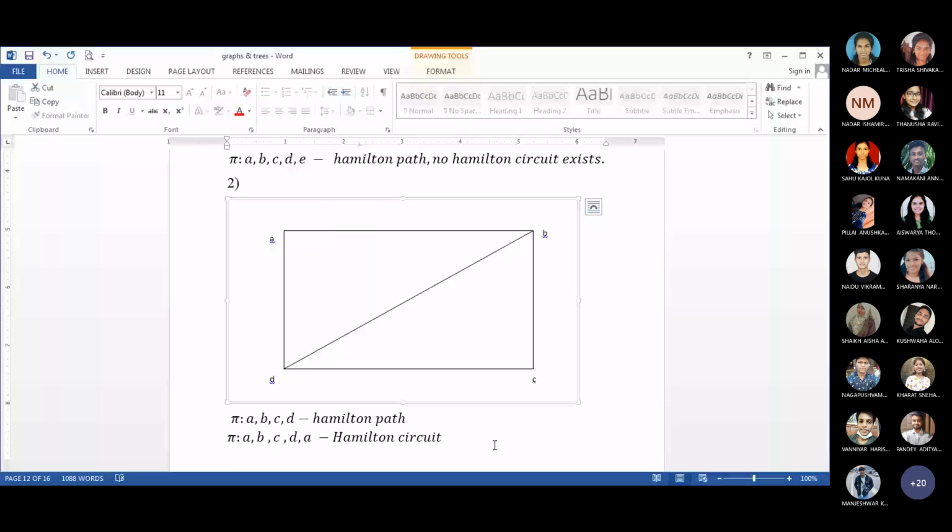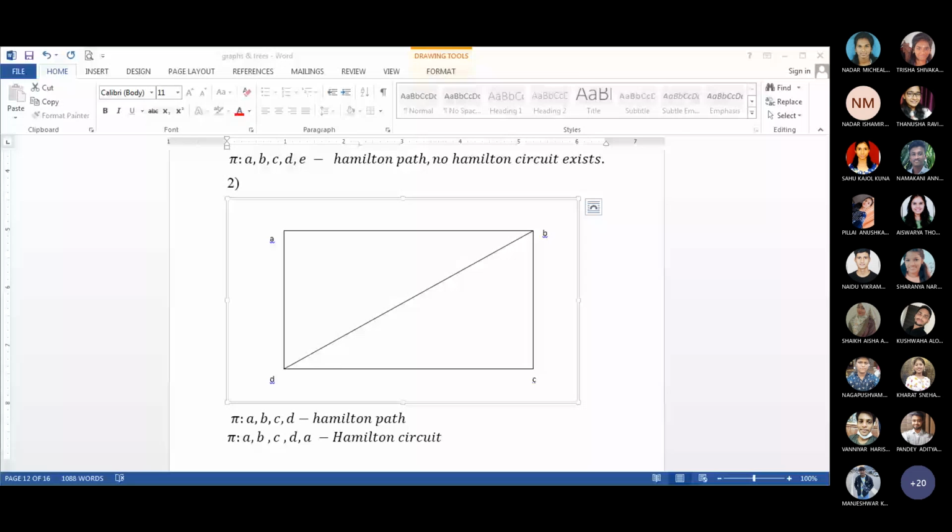What is the degree of vertex A? Even. What is the value? 2. Very good. B? 3.